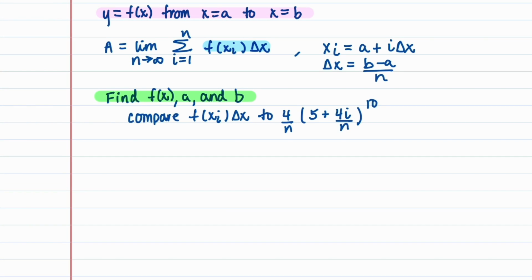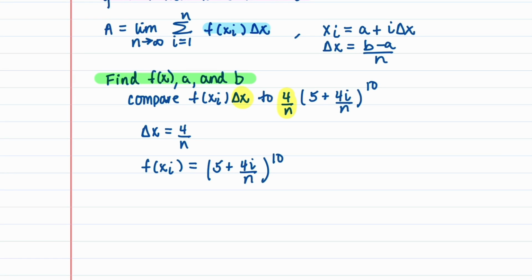When we compare these two, the first thing we want to notice is that delta x is equal to 4 over n. We'll write down delta x is equal to 4 divided by n. And then we can say that f of x sub i is what's left, and that is 5 plus 4i over n raised to the 10th power.